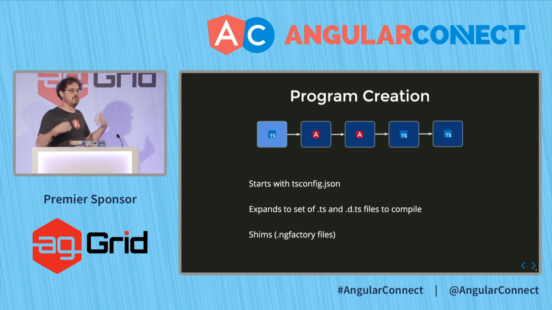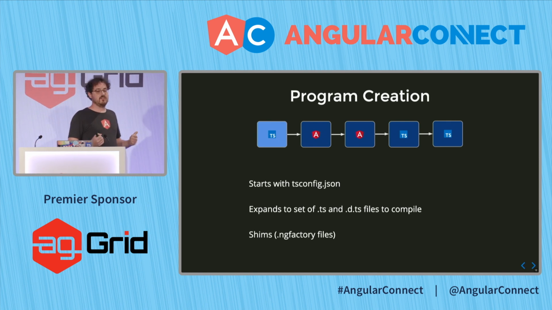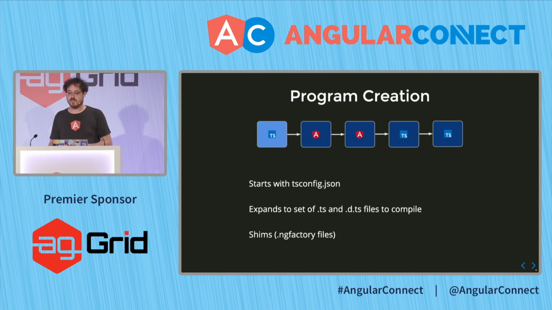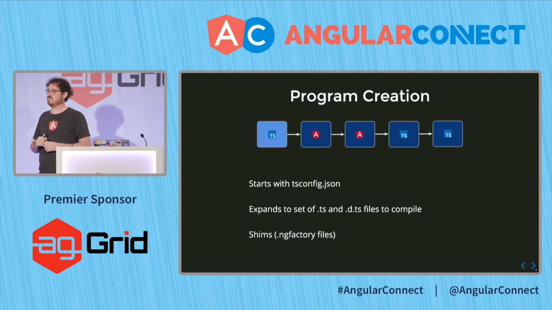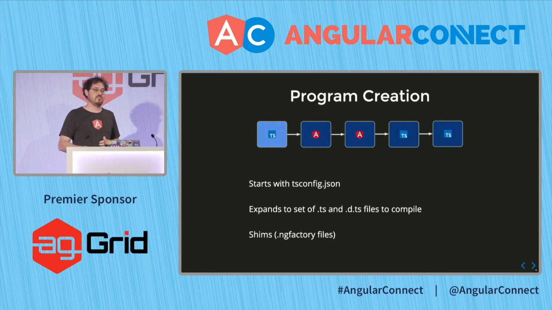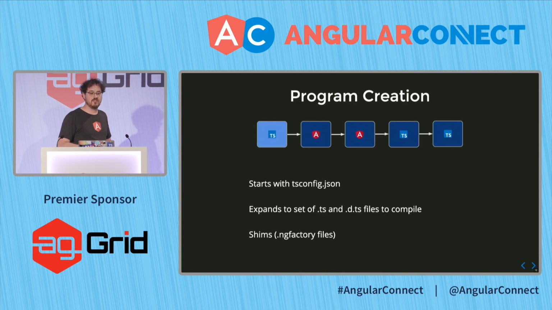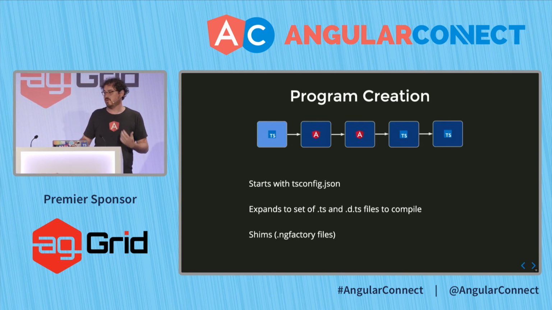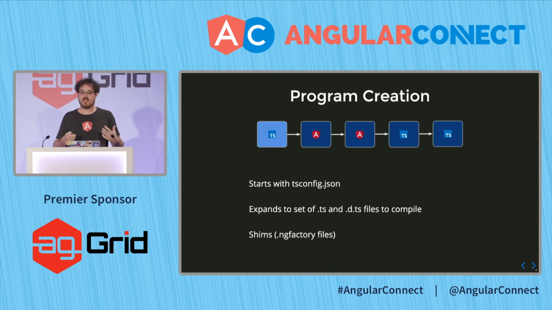And it looks at their imports and so on, until it's finally seen all of the code it needs to understand the types in your program and check them correctly. And in the Angular compiler, we actually add into this process a little bit by adding some extra files that you didn't necessarily write. And this is why it's possible to import, for example, ngfactory files, if you're doing some of the more advanced things in Angular today.